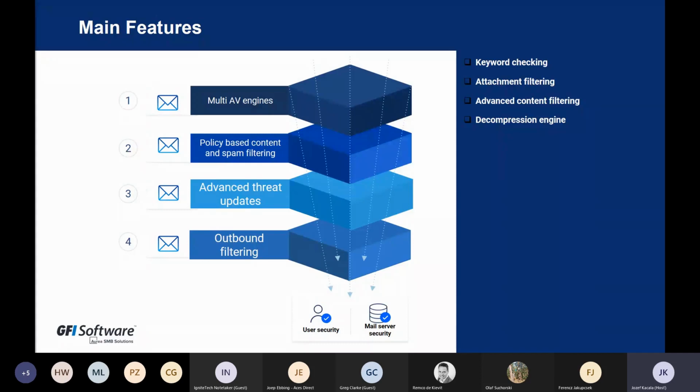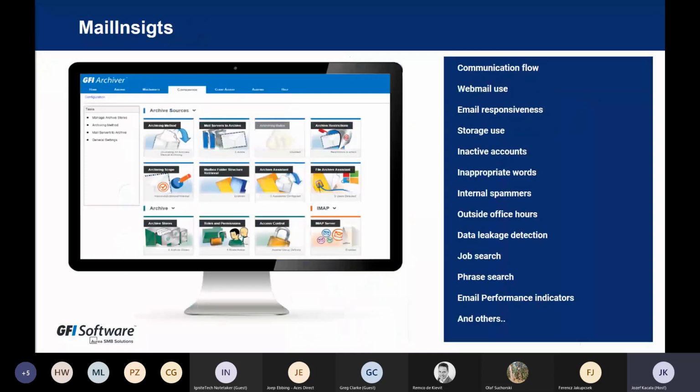And the GFI Archiver, which we covered previously, and most specifically the feature called Mail Insights, if you remember, can actually produce the data which can help you to create the content policies. As mentioned previously, the archiver is not going to change or intercept anything. It has the archive.